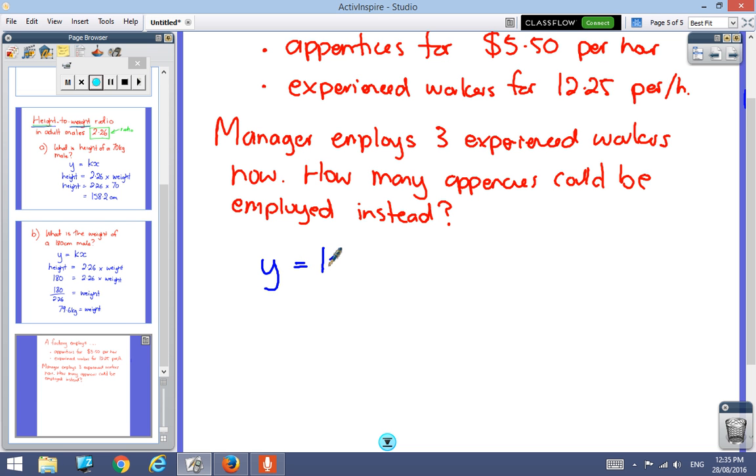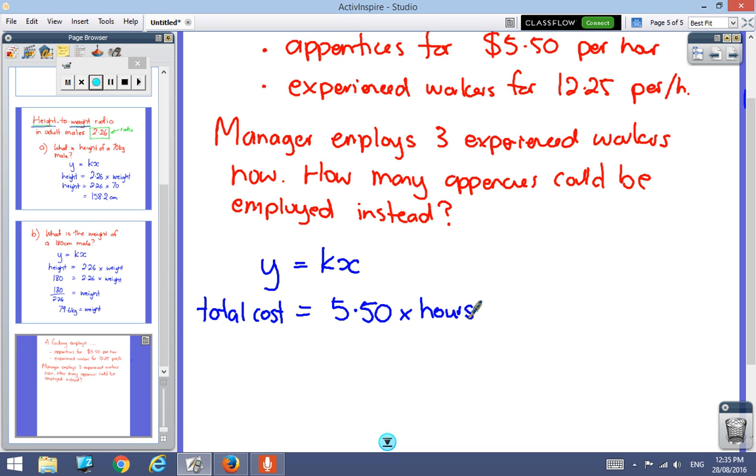Y equals kx. Now, this is for apprentices, so what's the rate? I think the k bit's the easiest bit, because we can identify that if you get paid $5.50 an hour, if you work 10 hours, it's still $5.50 an hour. If it's 20 hours, $5.50 an hour. That's the thing that's staying the same. That's our constant. Now, y is the total cost or the total pay that somebody would receive, and this is how many hours they worked.